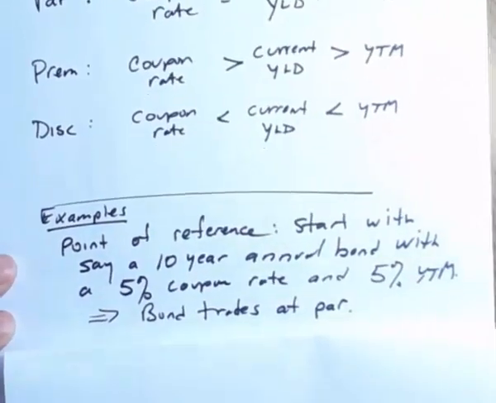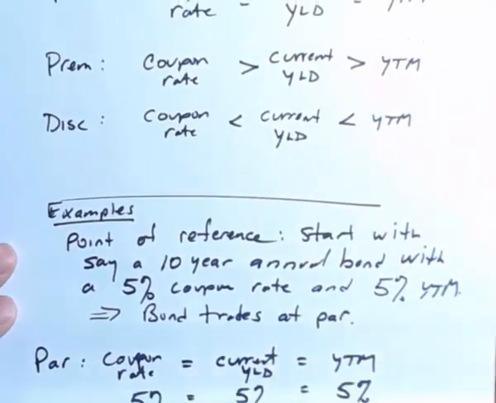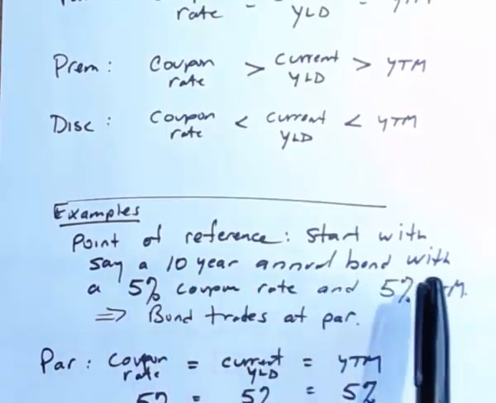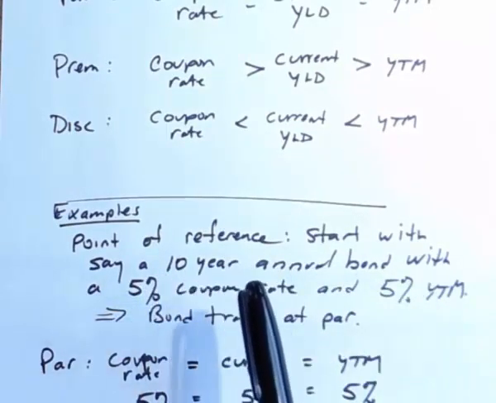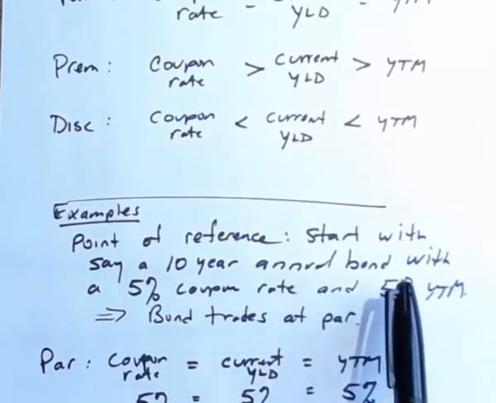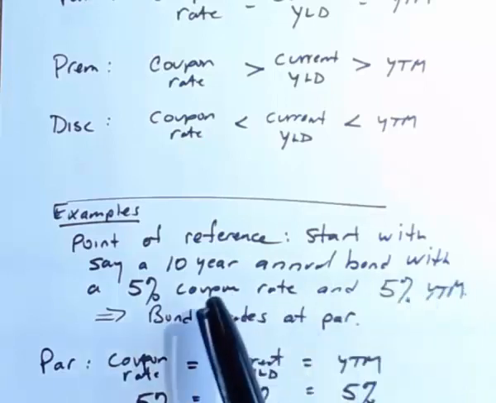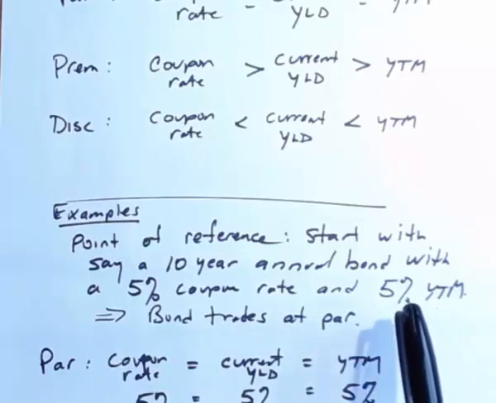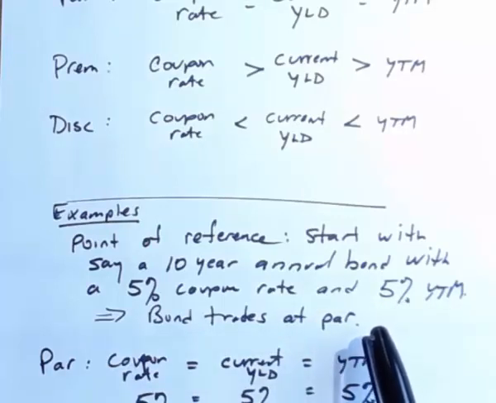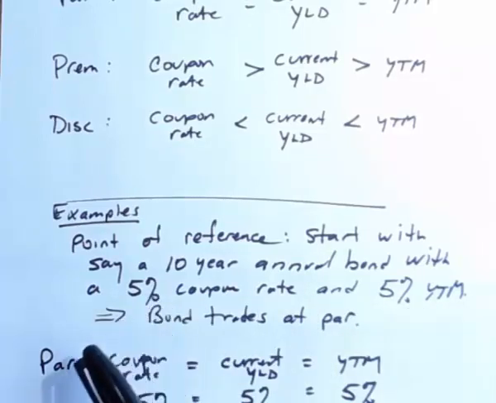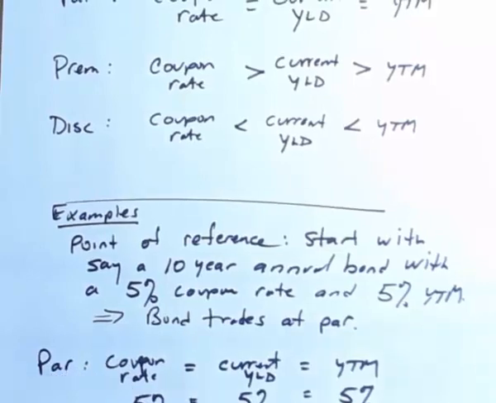Okay, so here's where we start, a point of reference. Say, just making it up, a 10-year annual bond, so it pays annually and we don't have to deal with semi-annual stuff. It's an annual bond with a 5% coupon rate, and the yield to maturity is 5%. When that happens, the bond is not attractive or unattractive to investors. It's just right because the market demands 5% and this pays 5%. The bond trades at par.